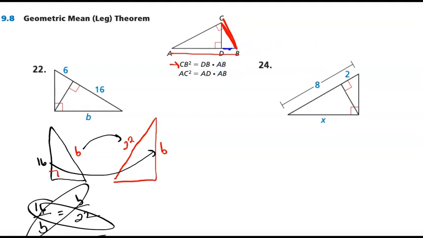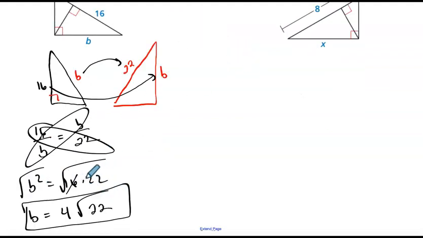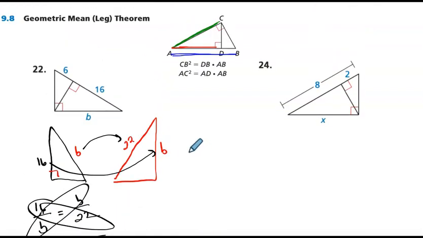And then vice versa, if you're using the longer leg here, if you give a longer leg AC squared, then you're squaring AC times AD times AB, the whole piece there. And that's essentially what this B squared equals 16 times 22 is. It's the same exact thing. But I'm going to do this with the proportions again. I think that makes a little more sense.